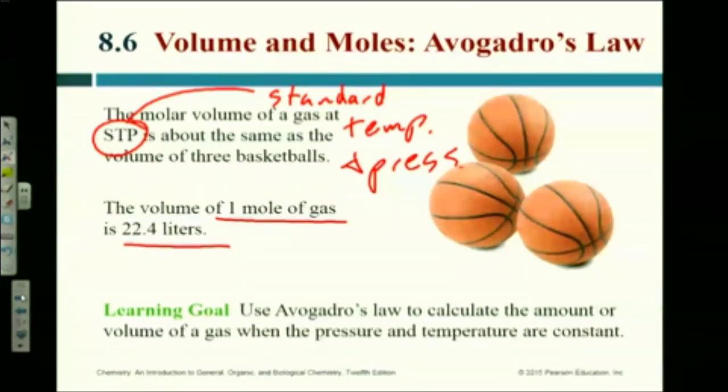It's about a quart. 1 liter is roughly a quart. How many quarts in a gallon? 4. So 20 liters would be about 5 gallons. So this is a little bit more than a 5-gallon bucket. So when we talk about 1 mole of gas, just think about carrying a 5-gallon bucket around, empty.